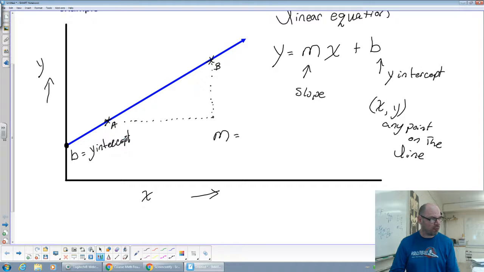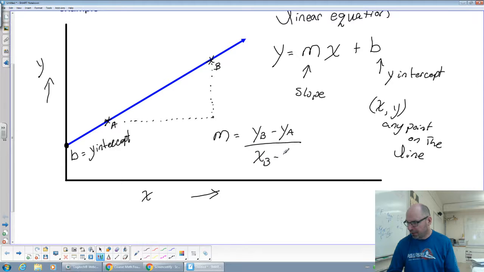And they do have a formula for that in algebra. If you name this point B and that one point A, you could say that slope is equal to yB minus yA, which is the rise of the line, over xB minus xA. And that's how we get the slope of the line.